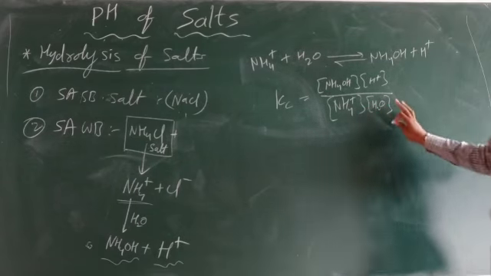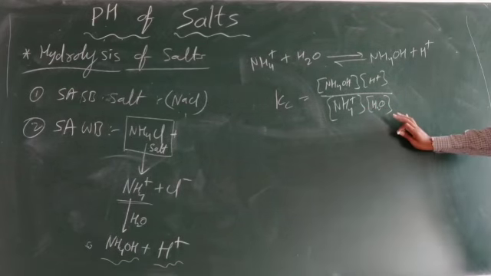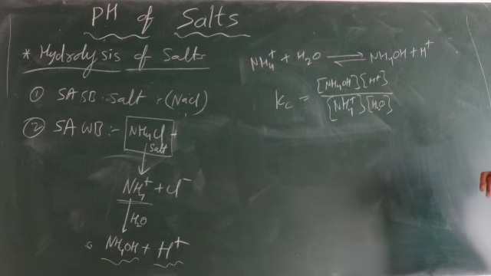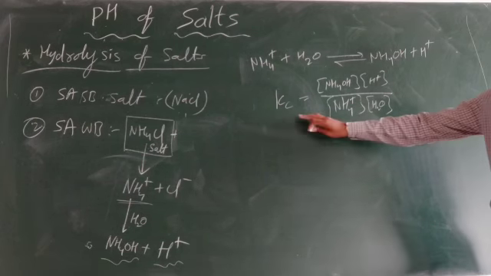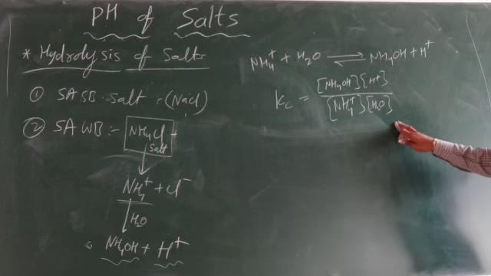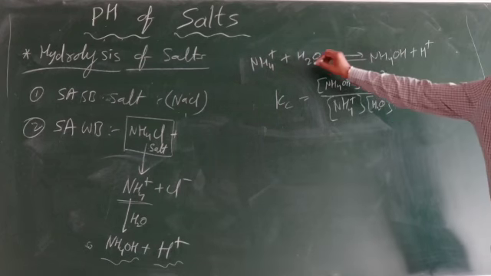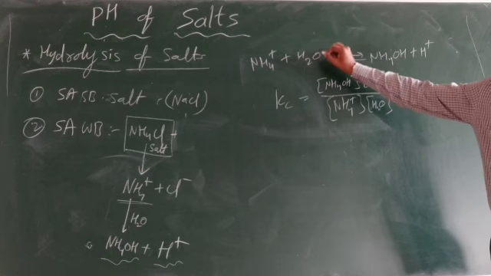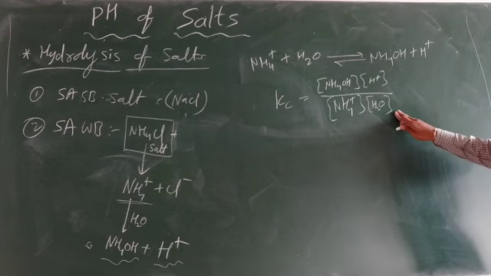This is actually equilibrium constant applied. Then you may get doubt, sir, H2O. H2O generally in case of ionic equilibrium, we don't take this pure liquid. But here some of the water molecule is consuming. It is not 100%, but some of the concentration is consuming. That's why H2O also we will take.